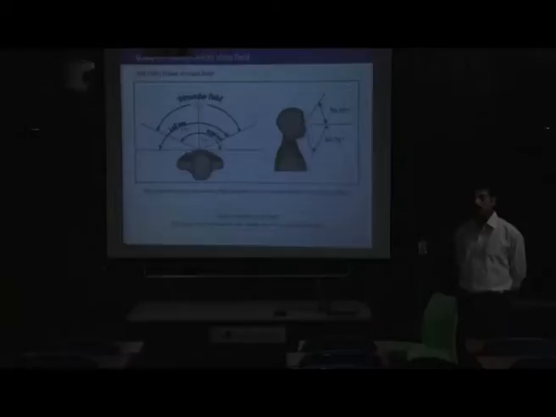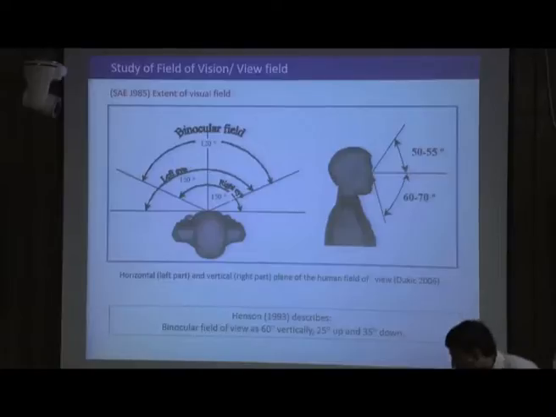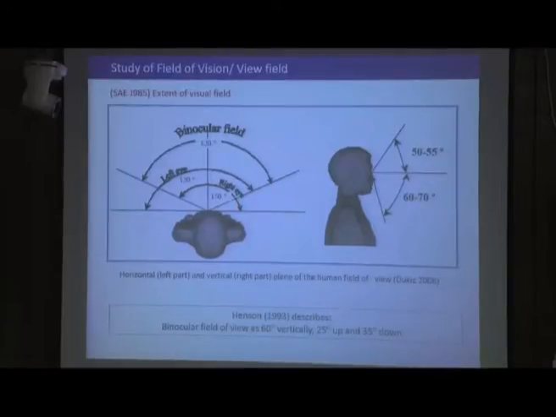What is the range within which we can visualize any object only with eye movement, and where do we actually require neck movement along with eye movement? For that purpose we have to understand this. Generally for a human being, with our right eye we can see 150 degrees.